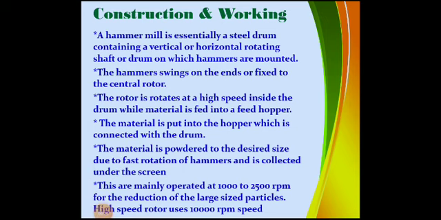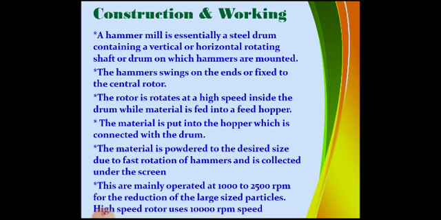The construction and working of the hammer mill: it is essentially a steel drum containing a vertical or horizontal rotating shaft or drum on which hammers are mounted. Hammers swing on the end or are fixed to the central rod. The material is powdered to the desired size due to the fast rotation of the hammers and is collected under the screen.